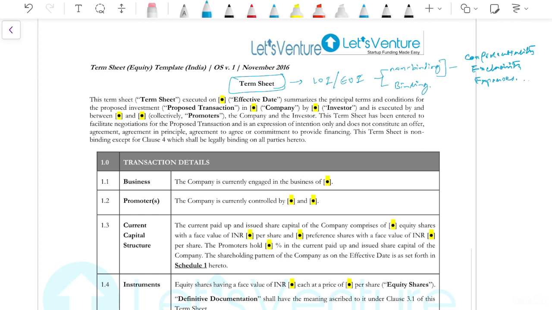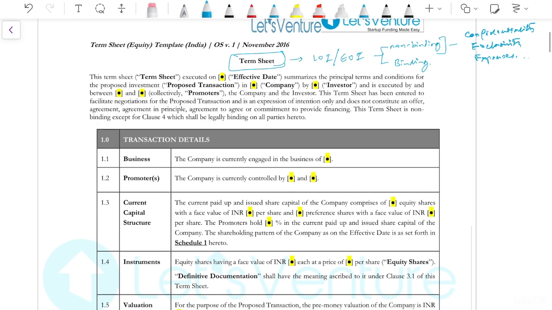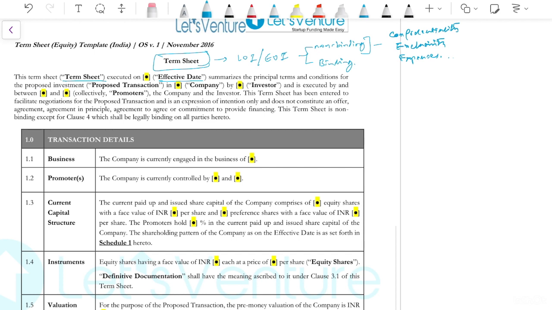Now, as you know, in any law or in any document, which is a legal document, the document starts with defining a couple of key terms, right? So in the term sheet also, we define the term sheet as a term sheet. Effective date means the signing of the term sheet. Now, in the term sheet, you'll also see another term known as the closing date.